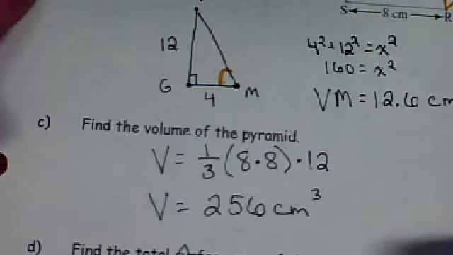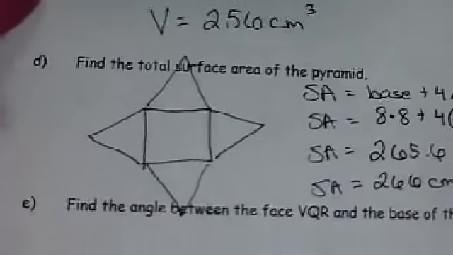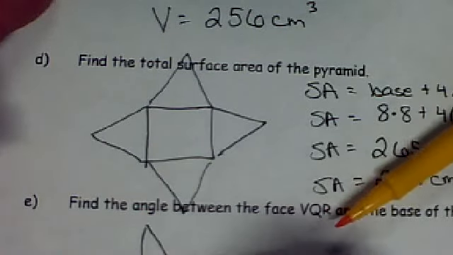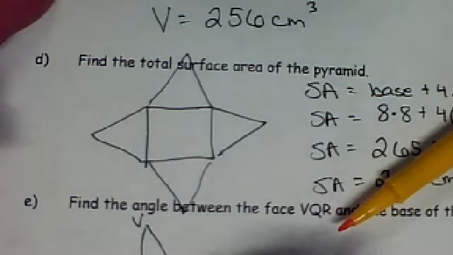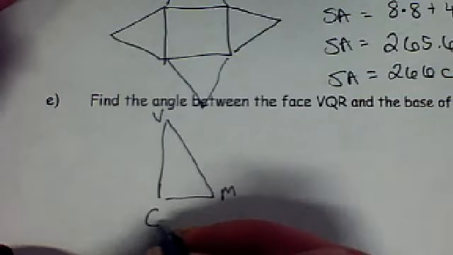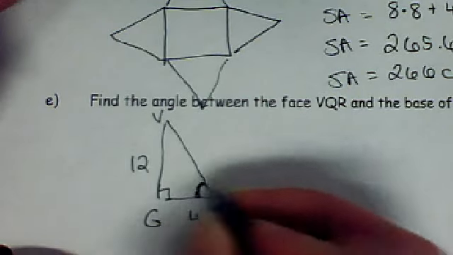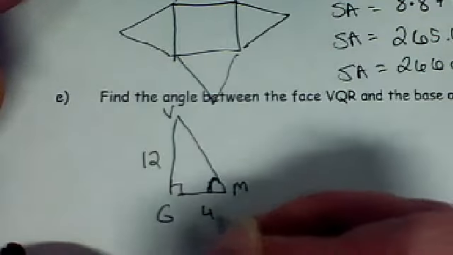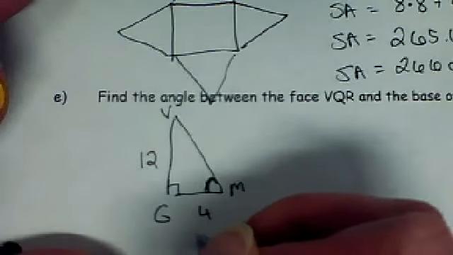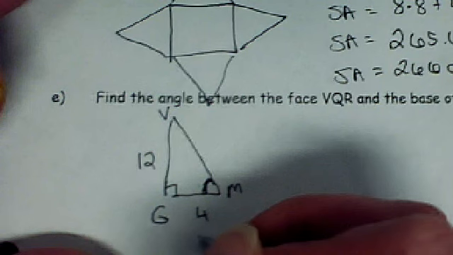It is. So let me draw my picture again. V, M, G, 12, 4. We need to find this angle. I always go back and use the information that was given to me if I can.